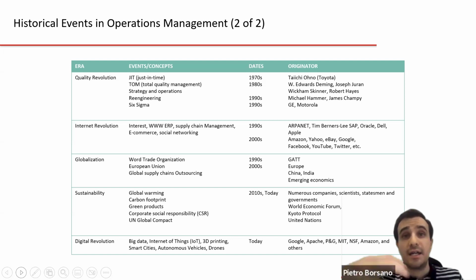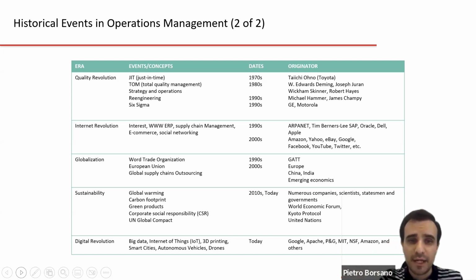And finally, the digitization of operations, which consists primarily of a big data revolution and the Internet of Things, which essentially means putting sensors in the operation and transferring the data to your IT system. Also the new concept of 3D printing, or additive manufacturing, and how these new technologies can be deployed in different themes like smart cities, autonomous driving, drones, and so on.